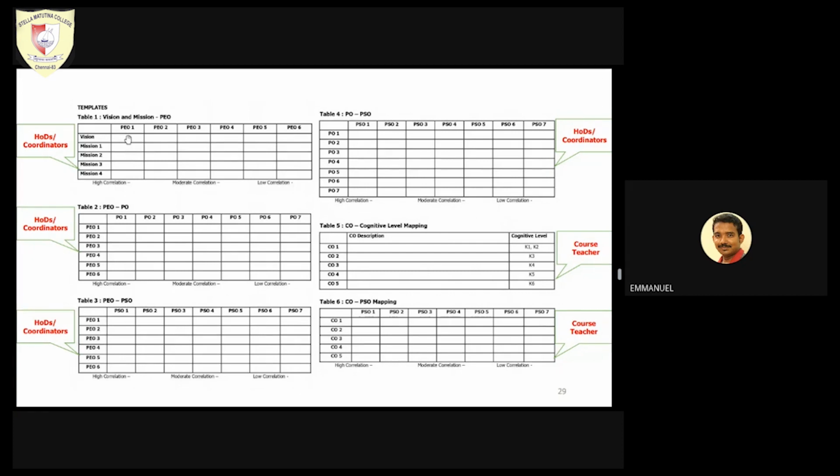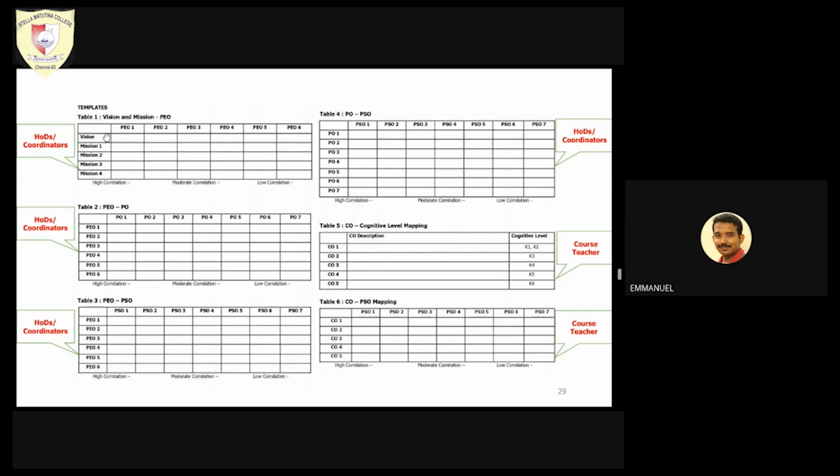Who are experts? The management authority, the HODs and coordinators of departments are the experts to give their opinion. So going through the vision statement and the first program educational objective, what is the relation between them, how far they are matching together.